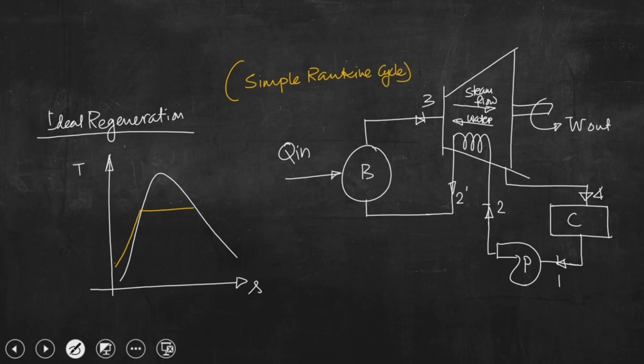Here, this is 1, this is 2, this is 2 prime, say this is 3 and this is 4.